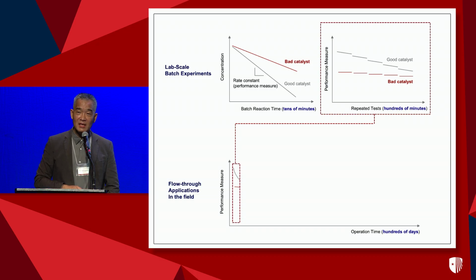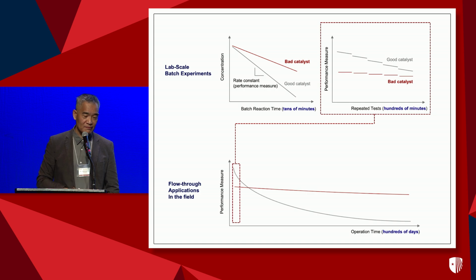So if anyone does this experiment long enough, let's say 3 months, 4 months, which one is the better catalyst? Red is the good catalyst. The bad catalyst in the lab is now a good catalyst. The good catalyst in the lab is a bad catalyst. No one is going to buy the bad catalyst.